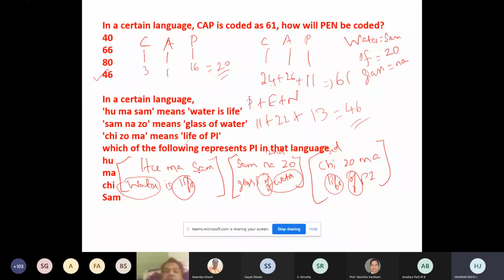It is Ma. Okay, so now come to the third sentence. Life means Ma, of means Zo. The remaining one is Chi, which is equal to fire. The question asks about fire, so that is Chi.